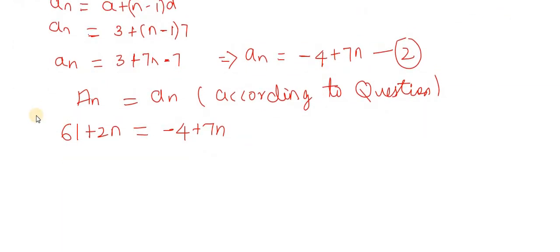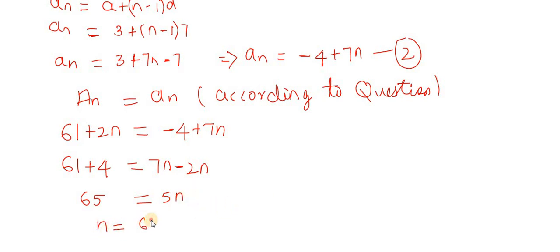Now simplify this. Group the like terms: 61 plus 4 is equal to 7n minus 2n. 61 plus 4 is 65, which is equal to 7 minus 2, that is 5n. Therefore n is equal to 65 divided by 5, so n is equal to 13.